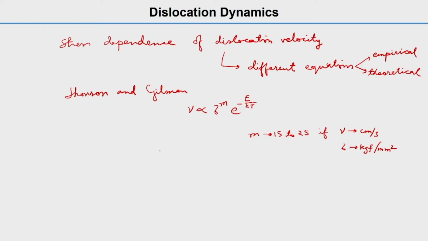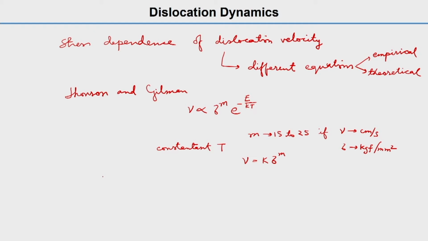So if it is constant temperature, constant T, what we can get is V is equal to k sigma to the power m.